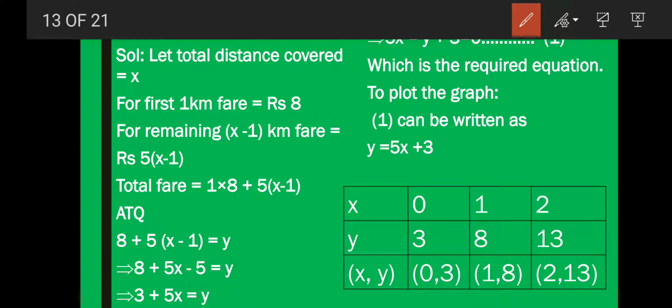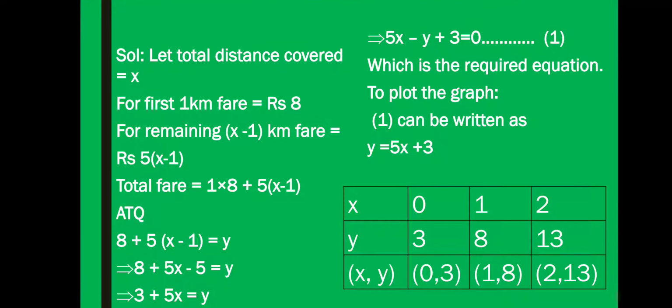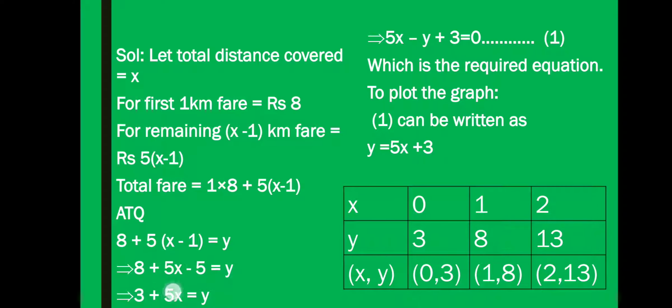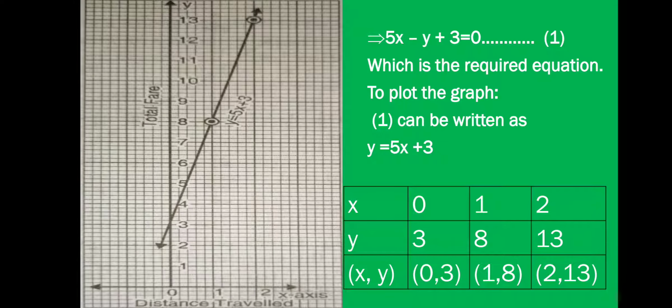Now from this table we will draw the graph. Okay, now see, first point is 0 comma 3. Okay, firstly x is equal to 0. This is your x-axis, horizontal line, and the vertical line is y-axis.